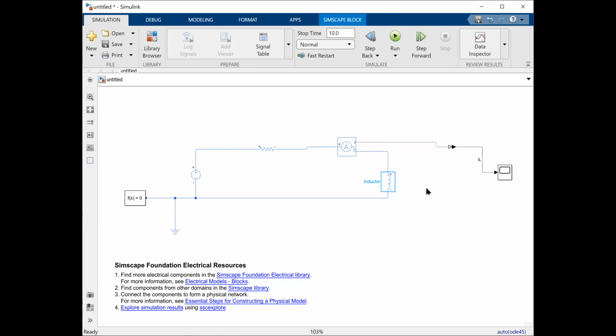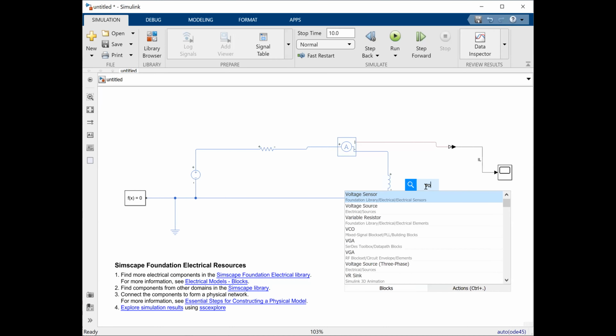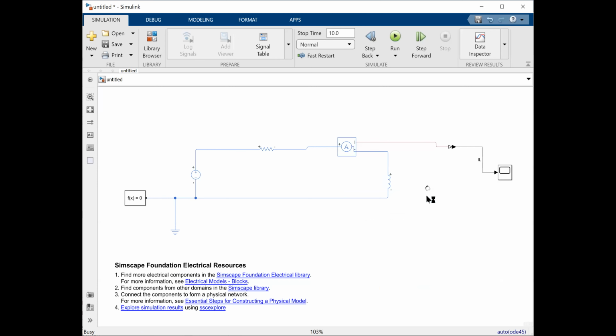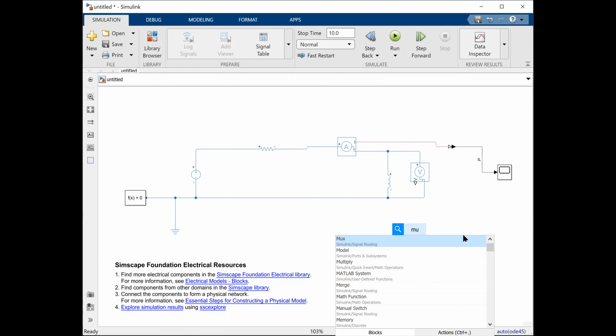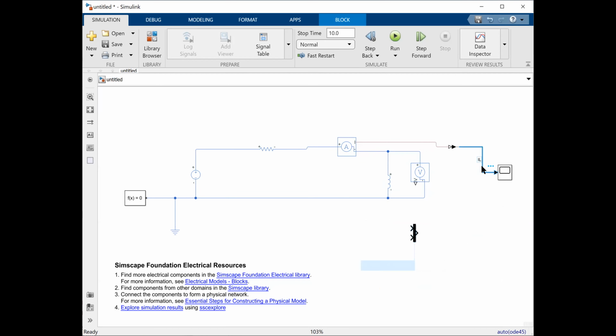All right. Now let's measure the inductor voltage also. Sorry, voltage this time. Let's measure the inductor voltage also. So let us use a Mux here. So let's do that.